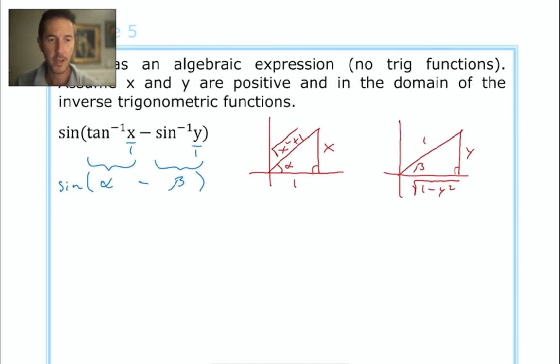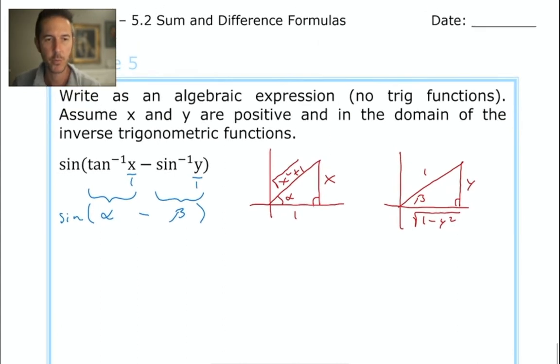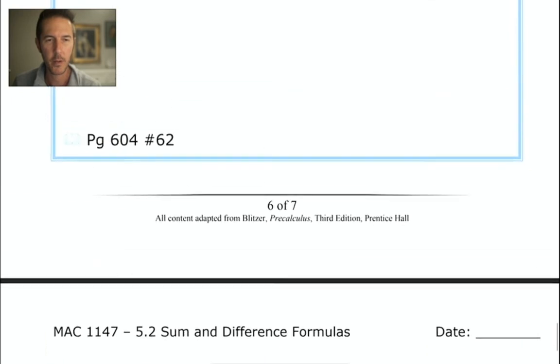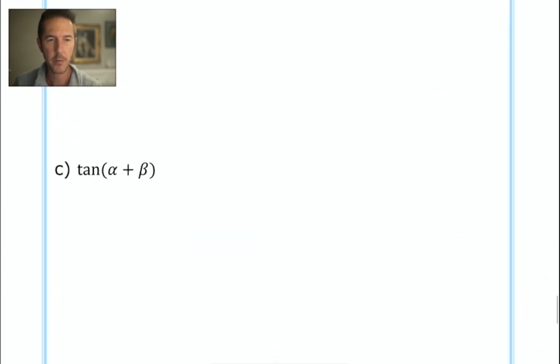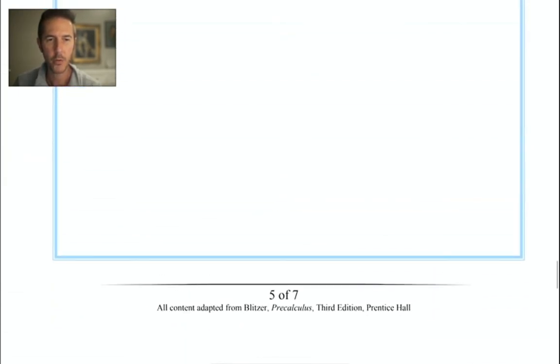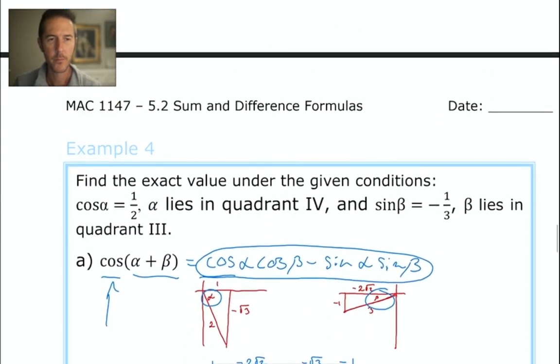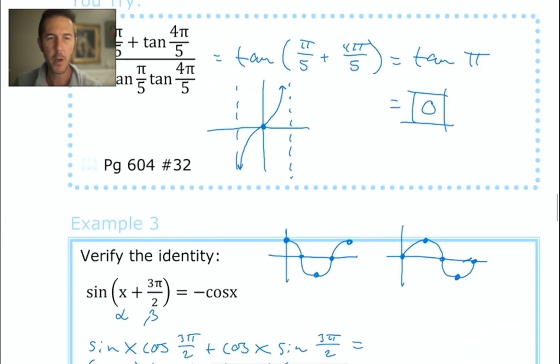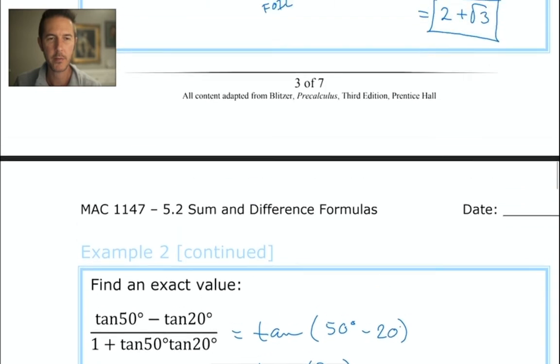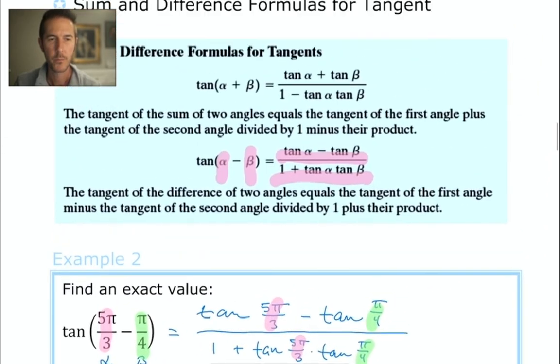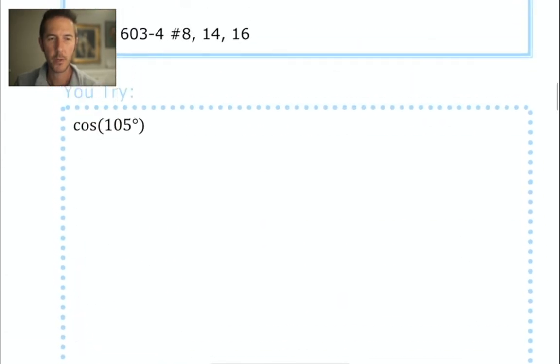Now, what does the sine of alpha minus beta equal? All right, I'm taking you with me this time. Maybe we can spot it along the way. Sine of alpha minus beta. No, no, no. Sine of alpha minus beta. Come on. Don't make me go all the way back to the top. Tangent.